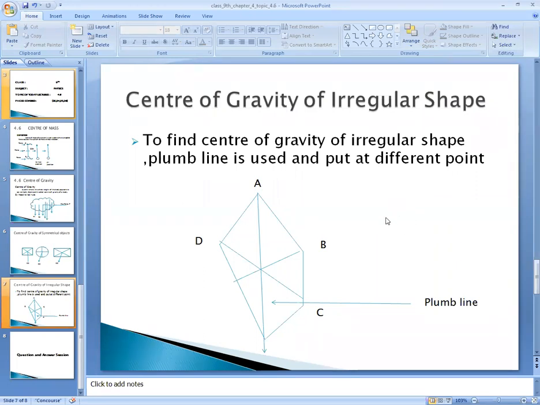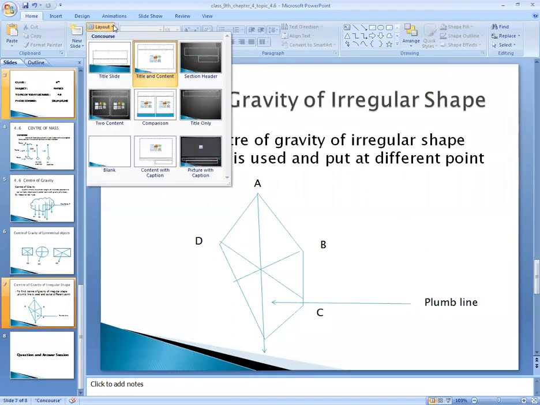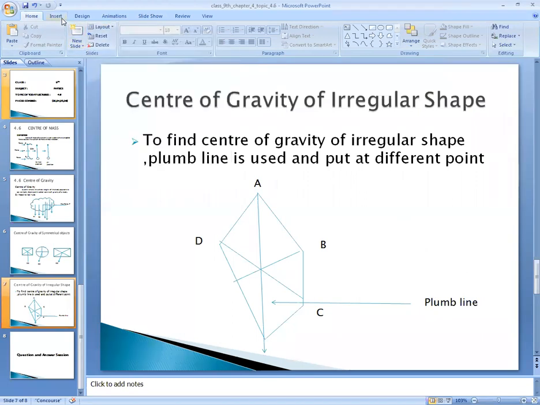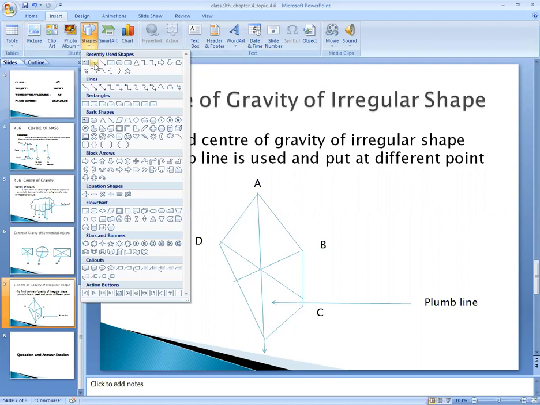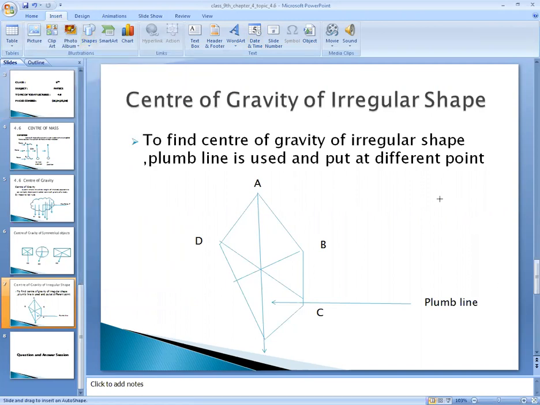What is a plumb line? A plumb line basically consists of, I will give you an example. Suppose this is a string, and there is a very small mass attached at this end.